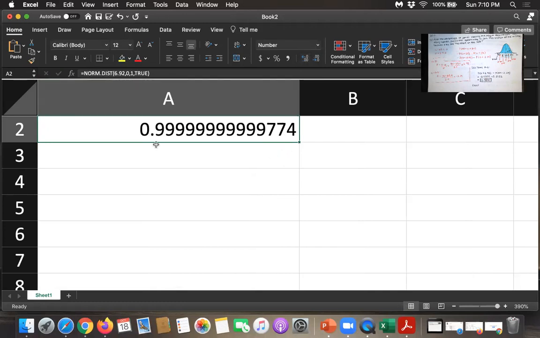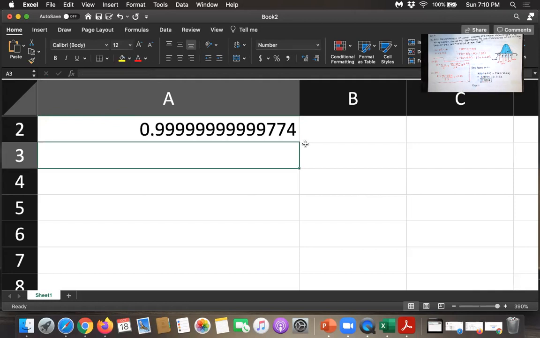So the probability that Z is less than 6.92, that's the probability that a randomly selected woman is less than 80 inches tall, is 0.999999999999774, and so on. That's really close to 1, right?